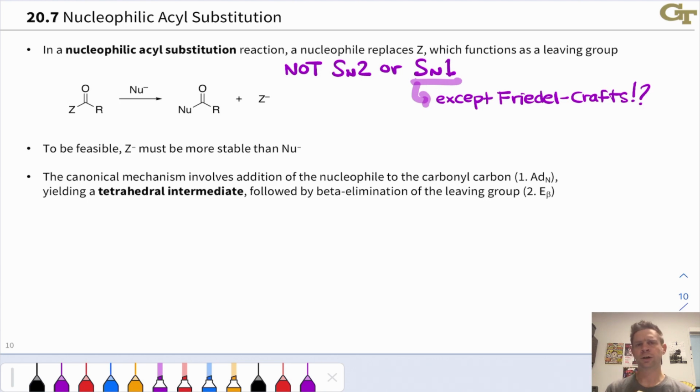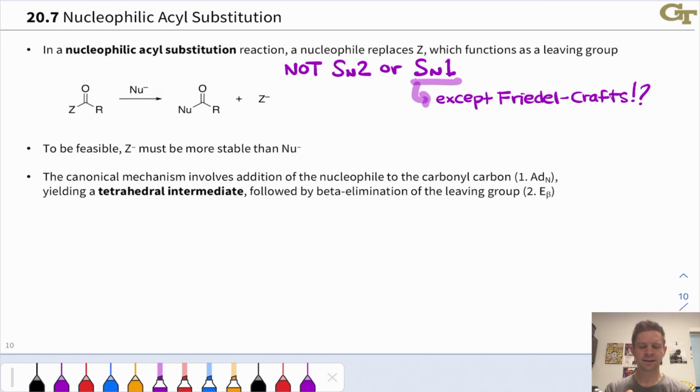The first thing I want to talk about before we get there, though, is when this reaction is thermodynamically feasible or spontaneous in the forward direction, and when it's not. In order for this reaction to be thermodynamically favorable, it is necessary that Z- must be more stable than Nu-. So the leaving group must be less nucleophilic than the nucleophilic reactant, the nucleophile.